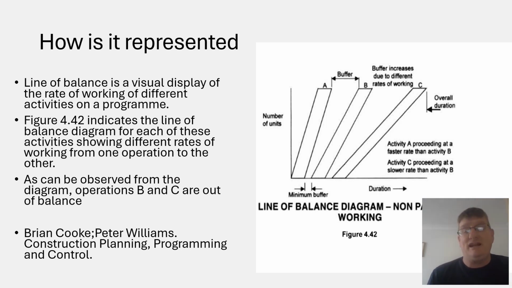It's a bit like a series of bar charts. They're separate here, though they don't have to be. What you're trying to do is get them into balance, parallel to one another. As you can see, C is completely out of balance to A and B. In fact, B is out of balance to A, but not as much as C is out of balance with B.